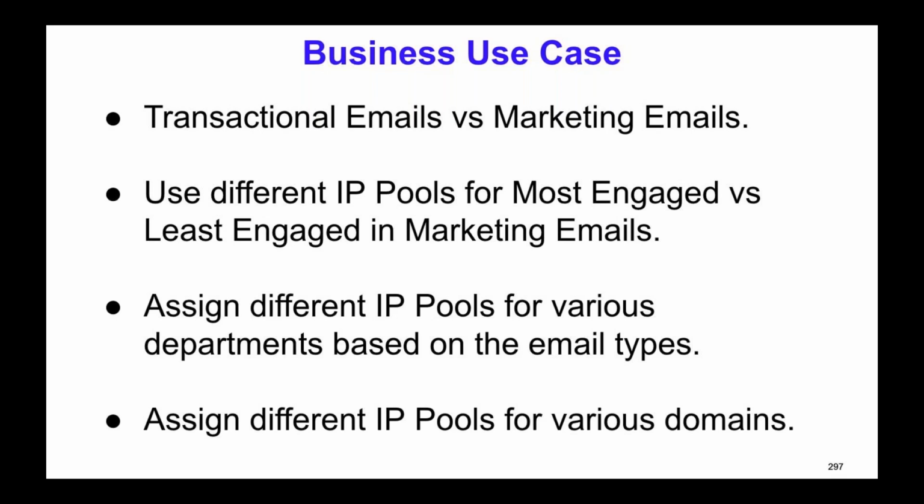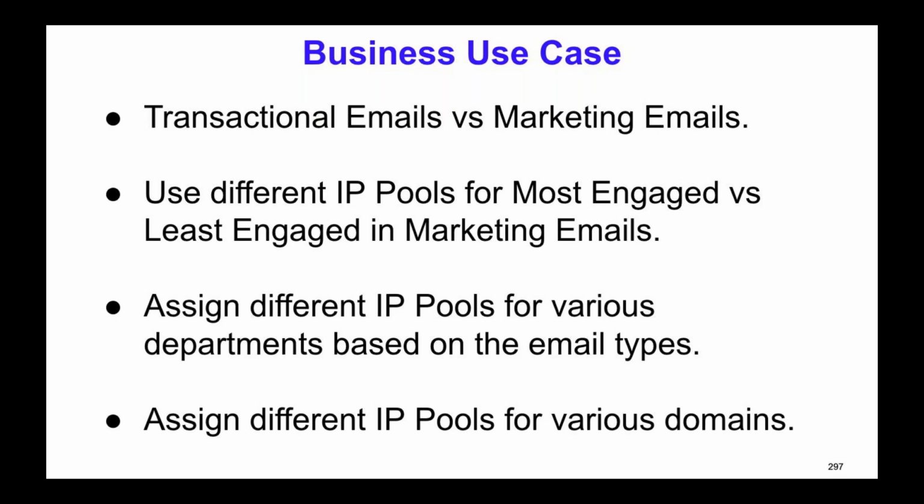And finally, there's the business use case where your company has multiple domains. Maybe for prospecting purposes you would have created a separate domain, versus your business organization emails coming from a different domain.